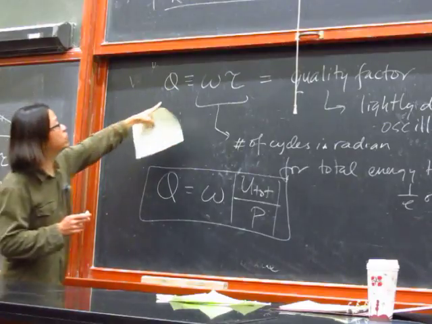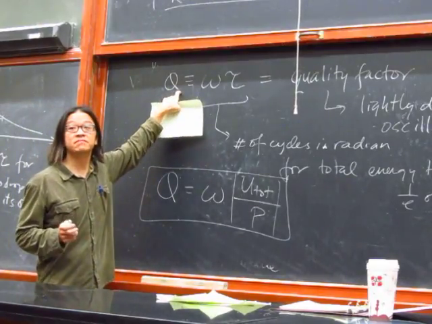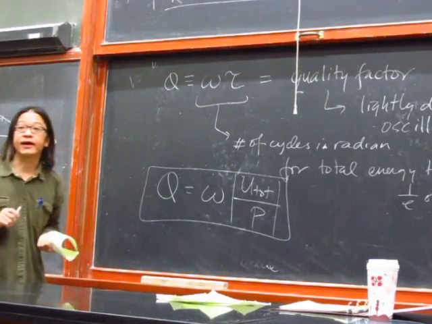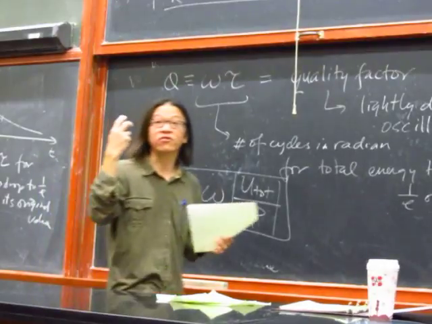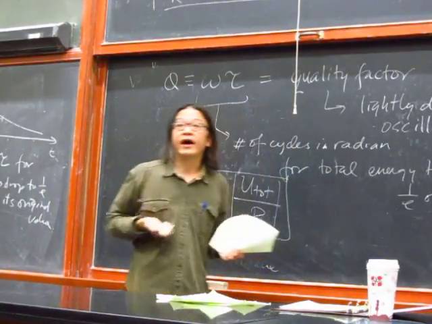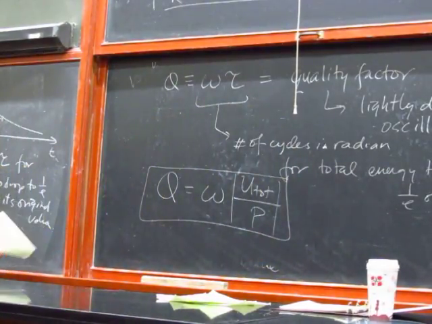The higher Q is, the more lightly damped the resonator is, with more oscillation. Say I have a tuning fork, I hit it and let it ring. The higher the Q factor of the tuning fork, the more oscillation I get before the whole thing goes away.